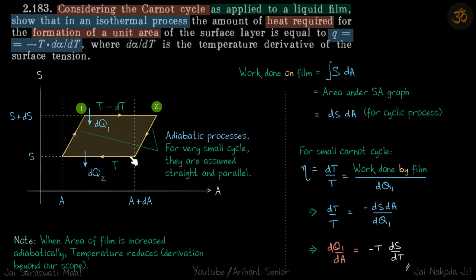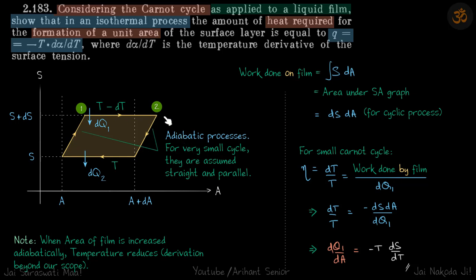You might be wondering why this line is like this and not like this. How do we know that when we increase the area, temperature does not increase? For that, we are just referring to this note here, that when the area of the film is increased adiabatically, temperature reduces. Why this happens is beyond our scope, but just know that this curve is going to go like this and not like this.